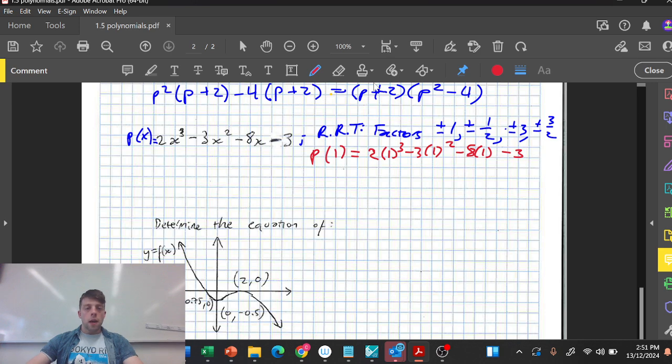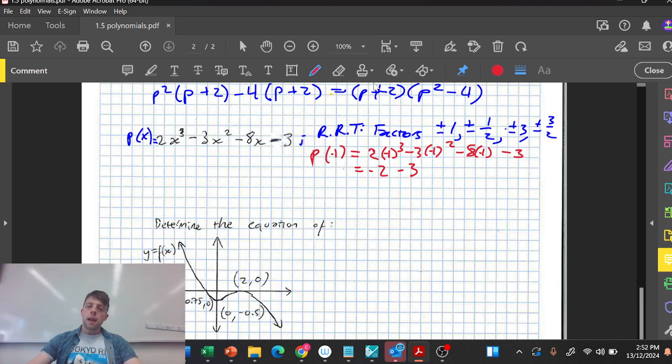Why don't we try minus 1 here? So let's try p of -1. Substitute -1 into each of these expressions. Okay, so 2 times -1 cubed. So -1 cubed is equal to -1, so that's going to be -2 there. Then we have -3 times -1 squared, which is positive 1, so this becomes negative.